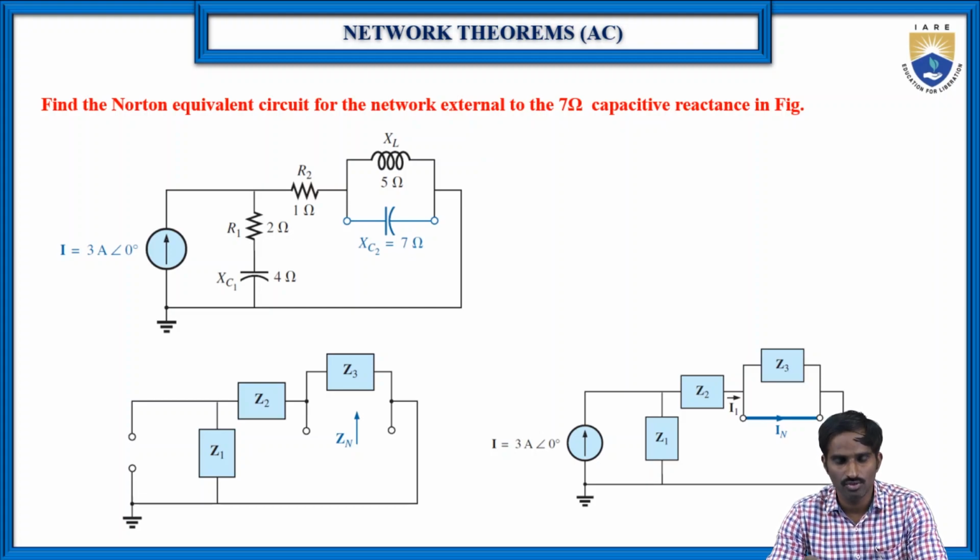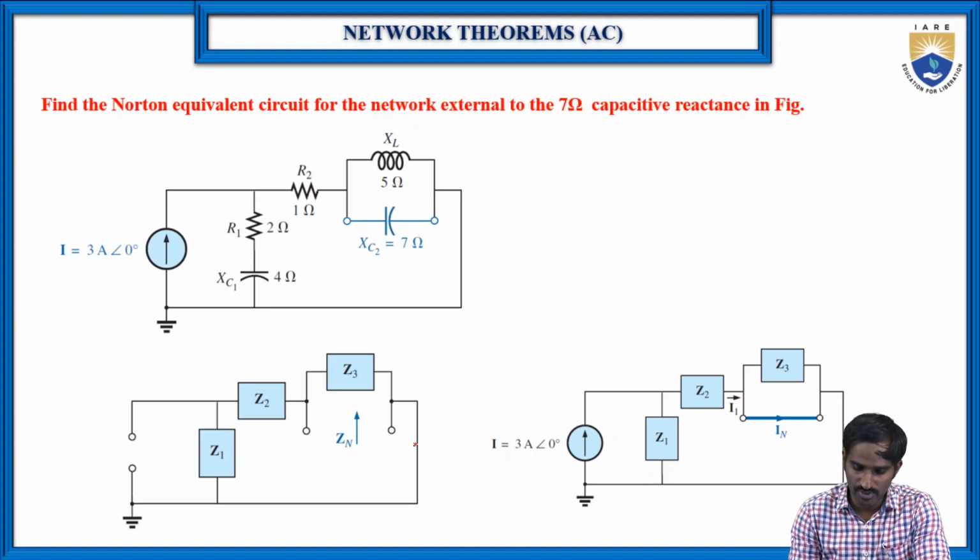Then again we should replace this load resistor, the external resistor, with an open circuit to find the Z Norton, and replace it with a short circuit to find the I Norton. The only difference between the previous circuit and this circuit is that previously it had a voltage source and now it has a current source. That's why I have considered a different problem.